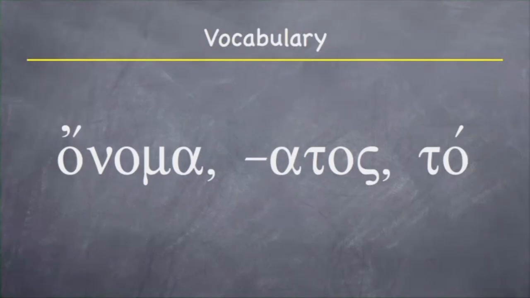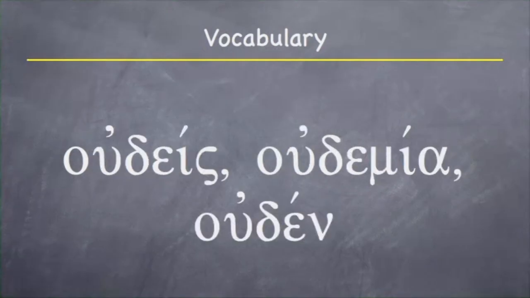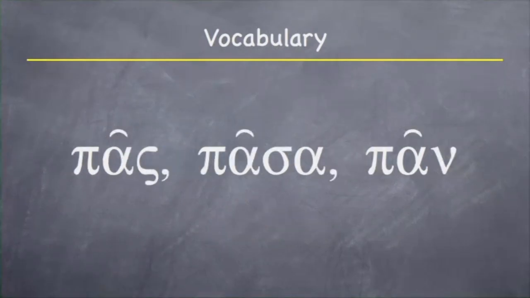Onoma, onomatos, to. Name, reputation. Oudeis, oudemia, ouden. No one, none, nothing. Pas, pasa, pan. In the singular, each, every. In the plural, all.